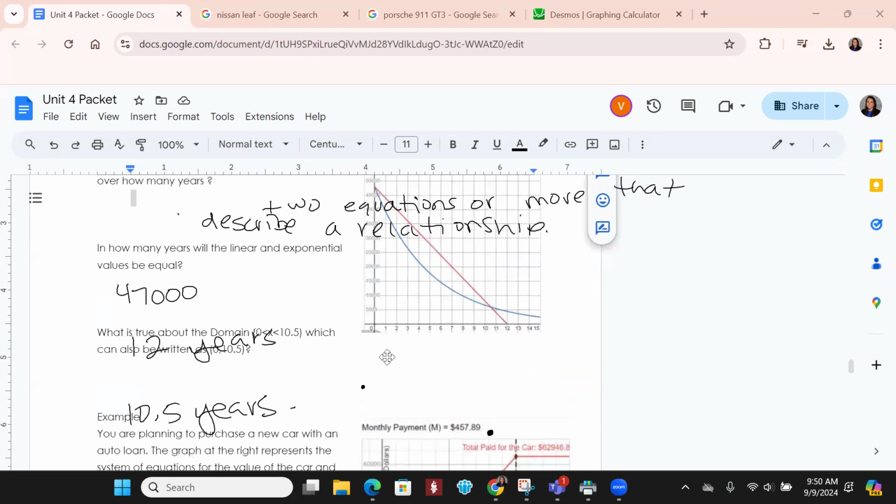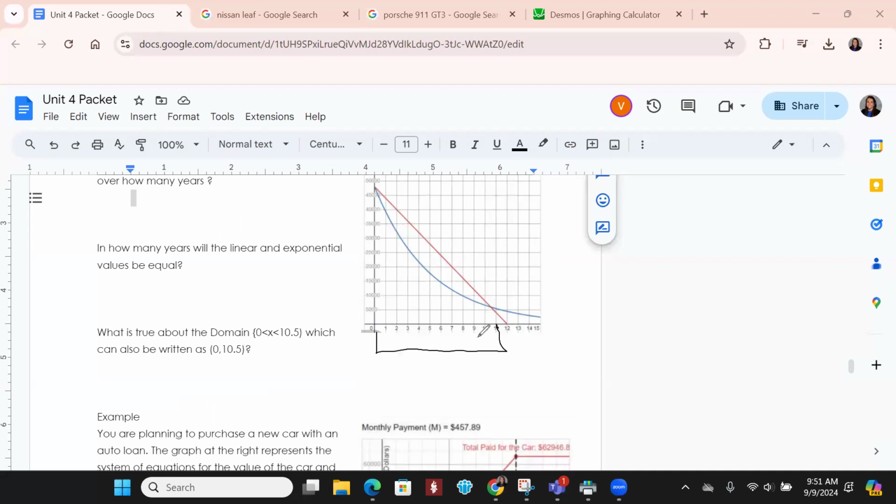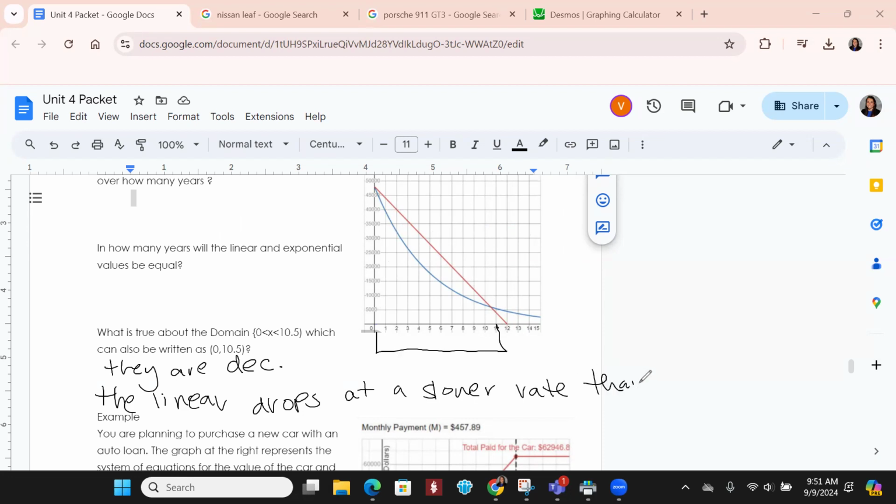Looking from here to here, it's decreasing. Compare the exponential versus the linear. Which is dropping at a faster rate? The exponential drops faster, so the linear drops at a slower rate than the exponential.